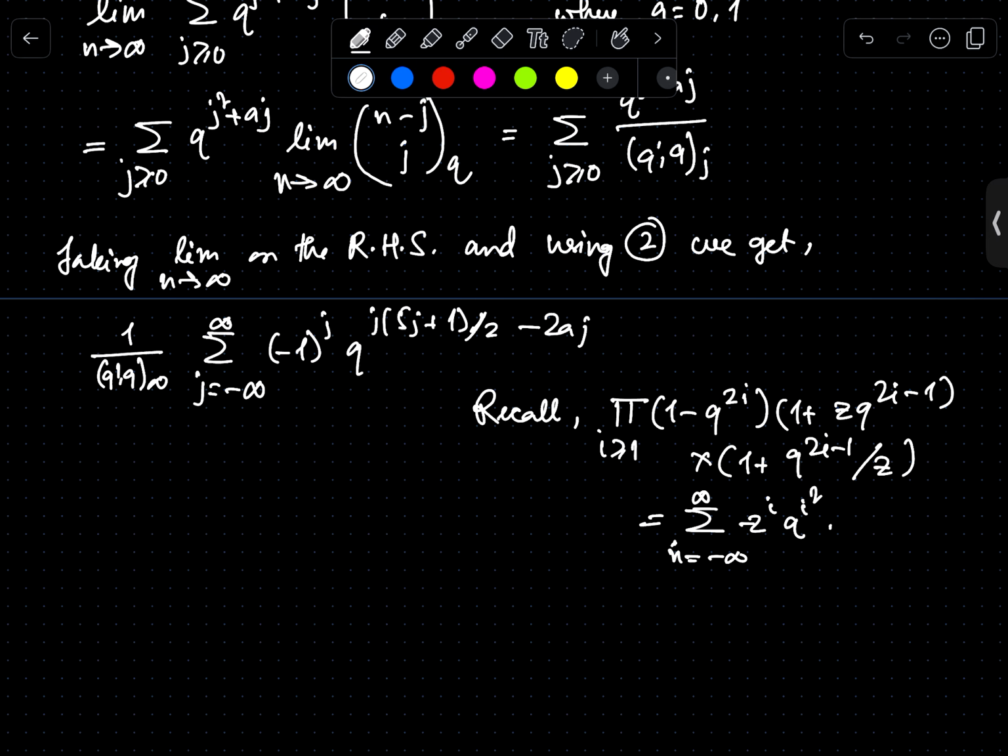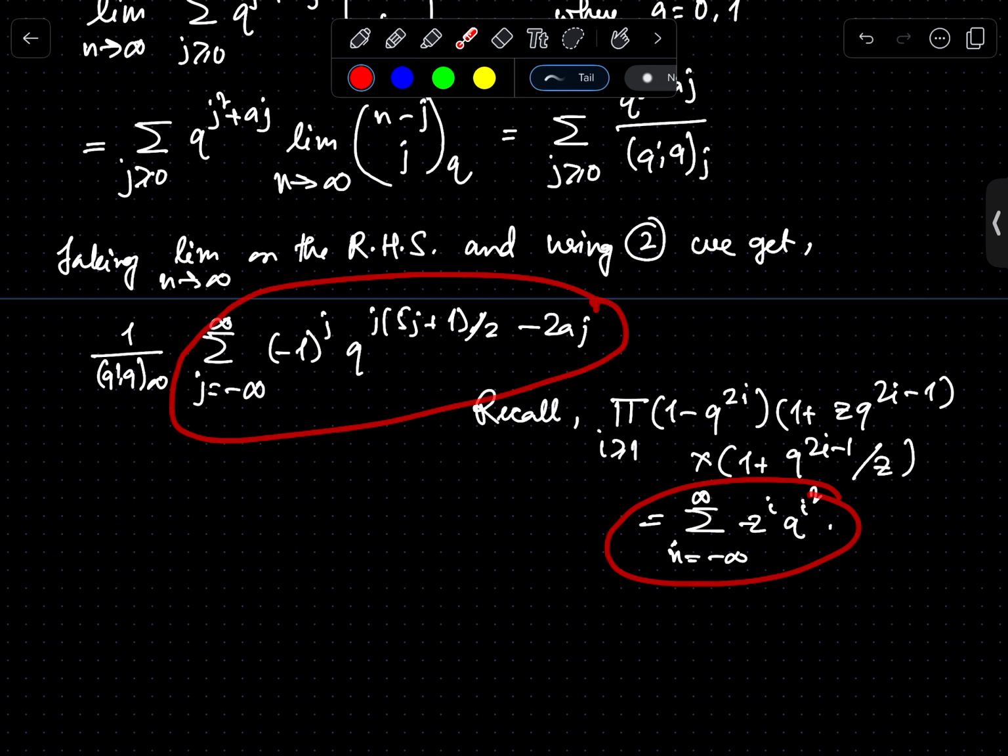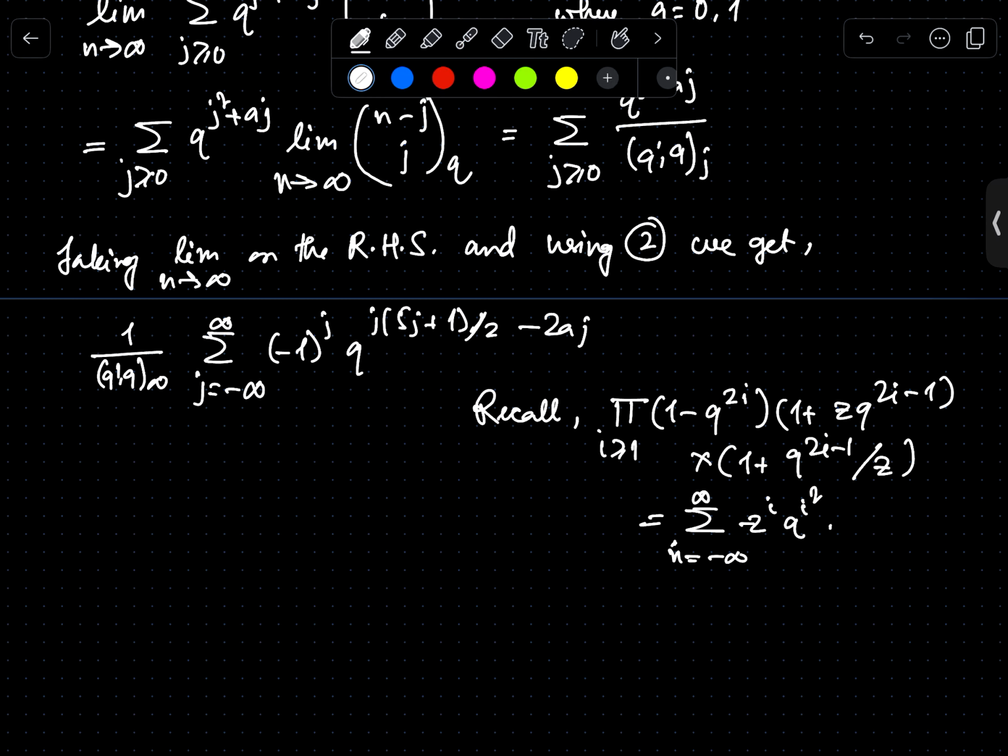Now, what should be my choice? I want this sum to be equivalent to this sum here. So what I do is set z equal to minus q raised to the power (1 - 4a)/2, and q is now set to q raised to the power 5/2.